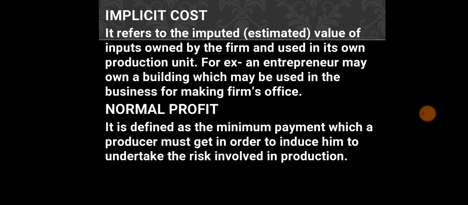The firm owner takes the risk and does some of the work of an entrepreneur, so he must get some monetary reward. That minimum payment made to the producer or firm owner by the business is known as normal profit, and it is the reward for the risk taken by the firm owner.